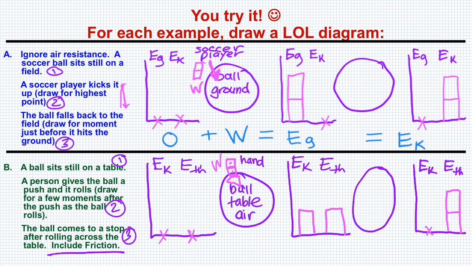And if I'm writing that equation like I did last time, I'm going to have 0 plus work equals, oops, sorry guys, EK plus E thermal, which is going to equal, because I'm not adding or subtracting any energy into or out of the system, all E thermal.